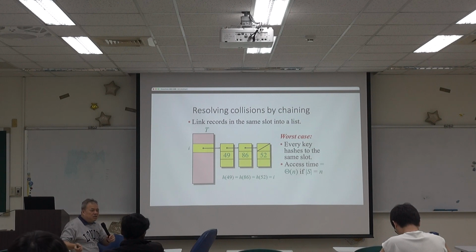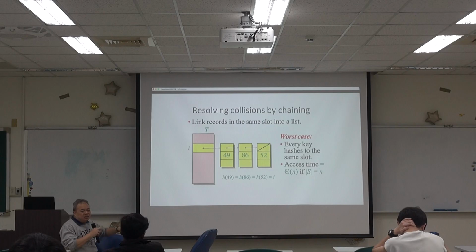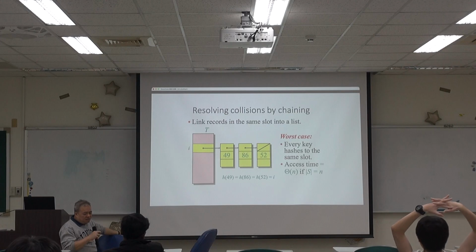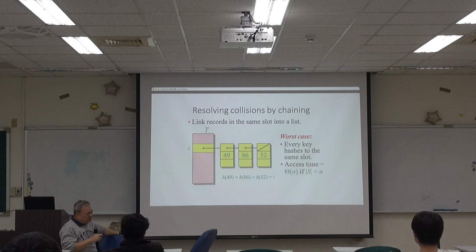But if that's the case, then you lost the advantage of the hash function, right? But of course, that assumes this is the worst case scenario. I mean, if all the keys are mapped to the same location, or many keys are mapped to the same locations, if that happens, this is bad.